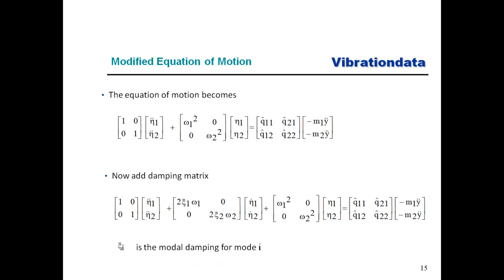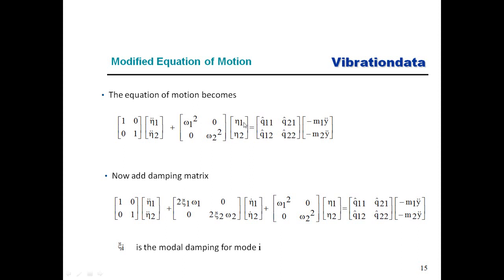So let's go and take a look at these in the full form here. Our two equations of motion have been bundled into one matrix equation of motion. We have our identity matrix times our modal accelerations. Then we have our matrix of eigenvalues, which are the two natural frequencies squared.